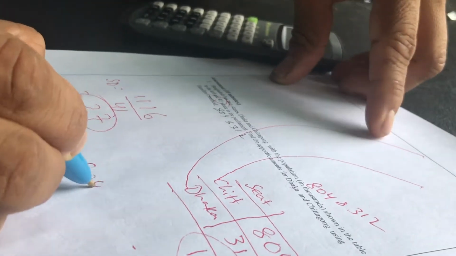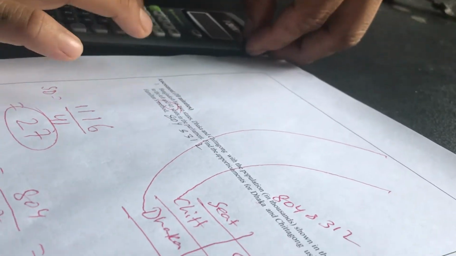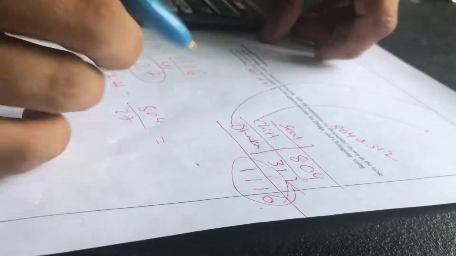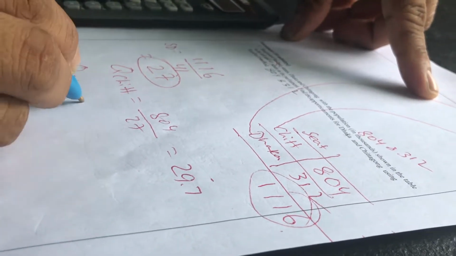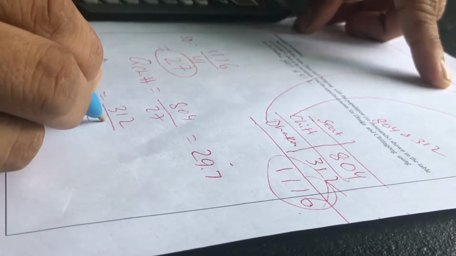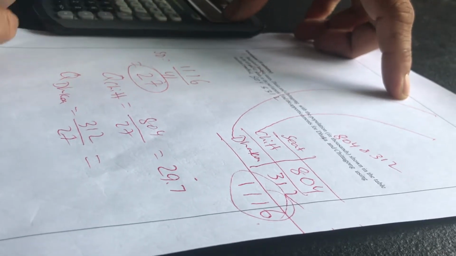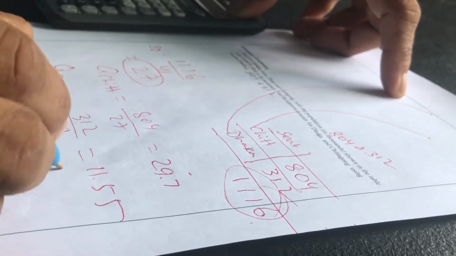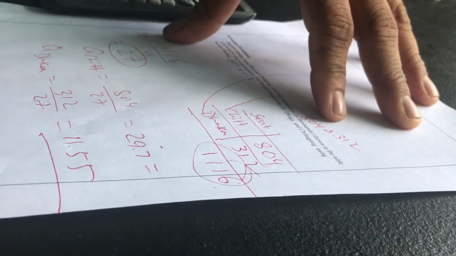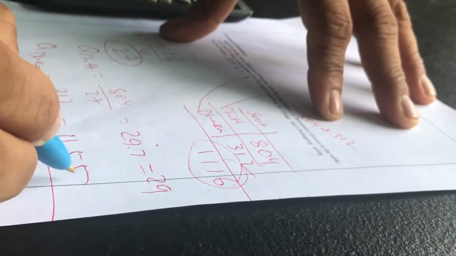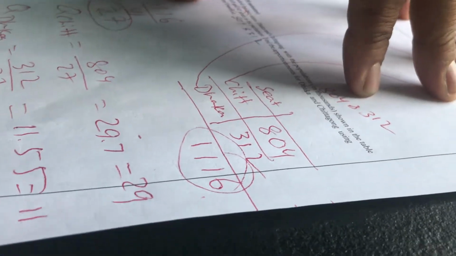We have 804 divided by 27, which gives us 29.7, and the quota for Dhaka is 312 divided by 27, which gives us 11.55. So now we round down: 29 and 11. So 29 and 11 is 40.